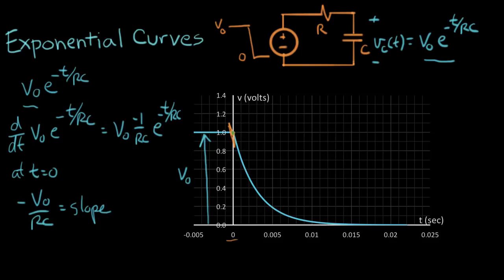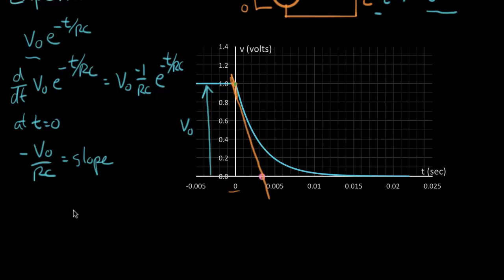Okay. Now the next thing I want to do is actually take this line and extend it all the way down till it crosses the time axis. And the next question we're going to ask is, what is this point right here? So now we have a line. We've defined a line. That means we have an equation of a line. So the equation of a line is y equals slope times x plus b.